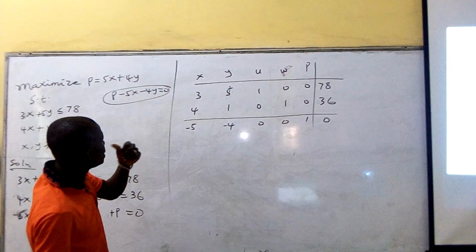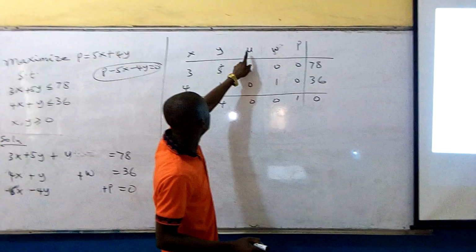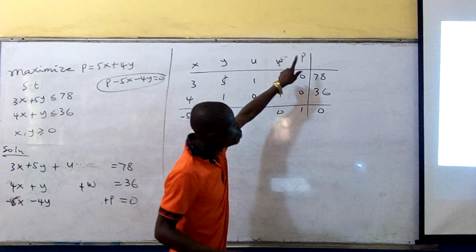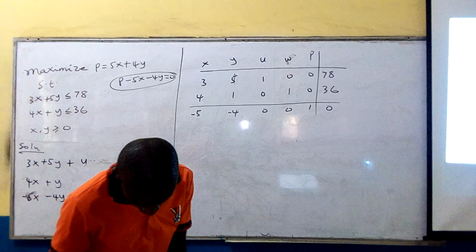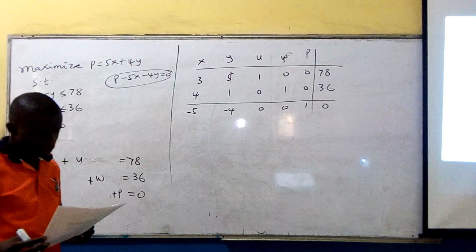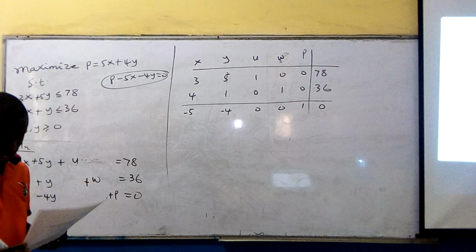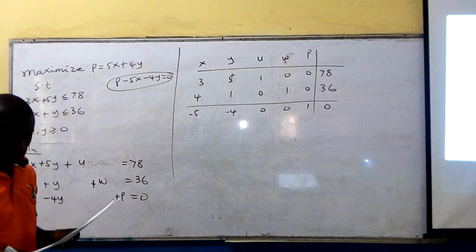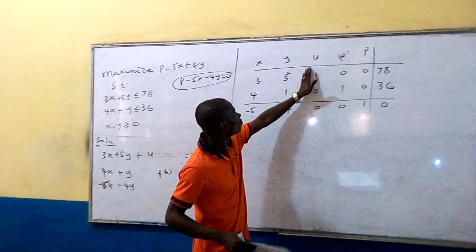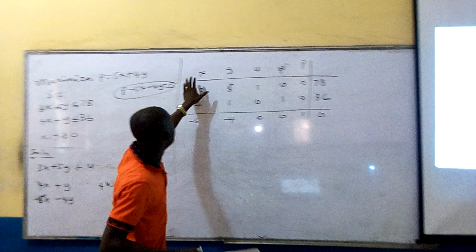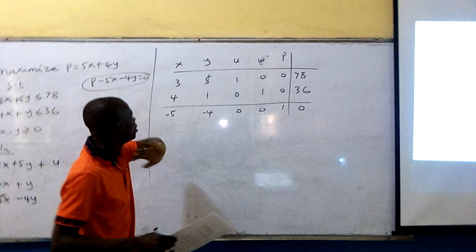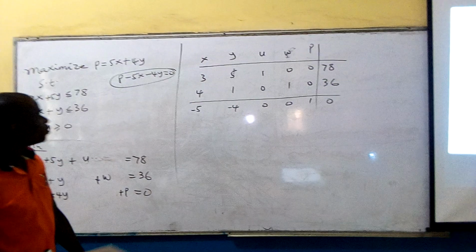Now you look at the variables u, w, and p. The columns, as we see them, are what is known as unit columns. And the variables x and y, the columns are not unit columns.